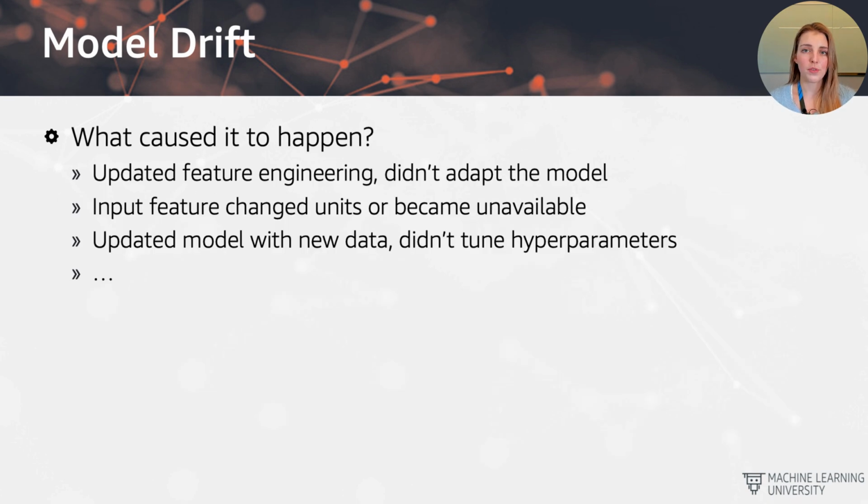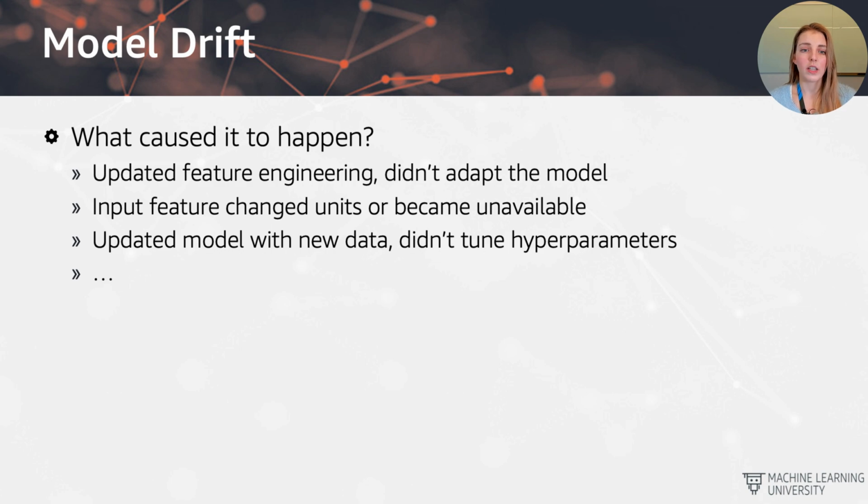So some examples of what could have happened, well, it could be that the feature engineering, the ingestion of the features has changed, and maybe the model was not adapted. It could be that the input features changed in units or maybe became unavailable. And if the model is heavily relying on a feature that then suddenly becomes unavailable, because maybe it's no longer being recorded, well, then we see a steep drop in the performance.